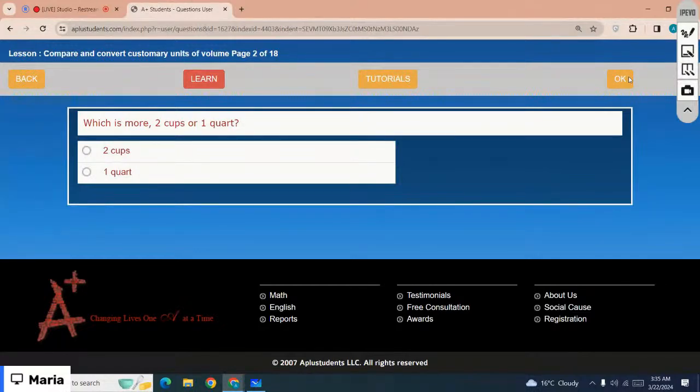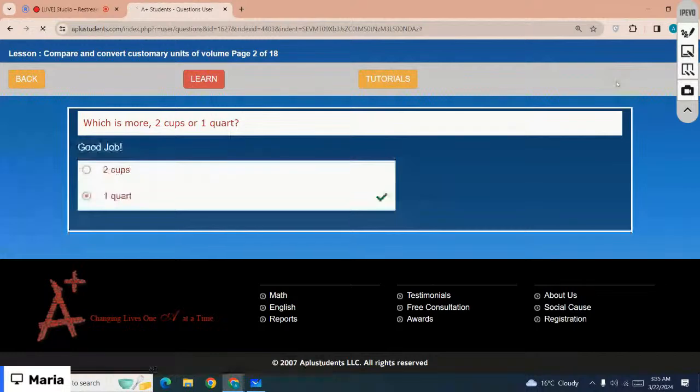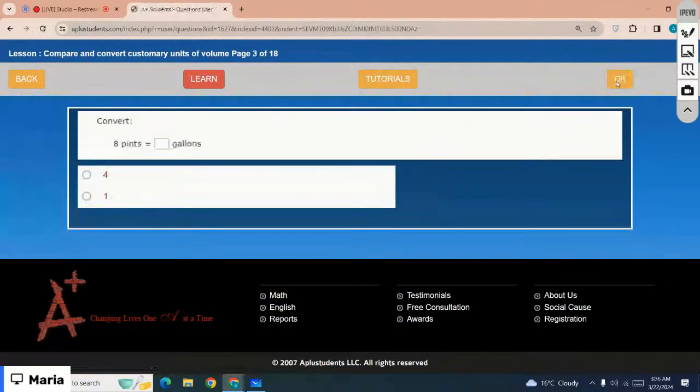So which is more? 1 quart is more because 1 quart equals 4 cups. No, 16 times 16 is not 121, that's 11 times 11. 16 times 16 is 256.